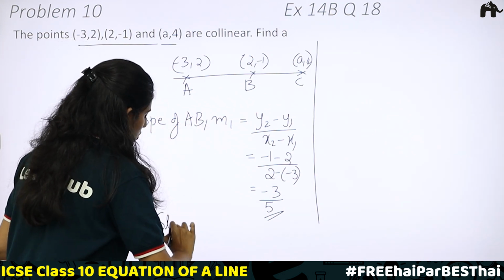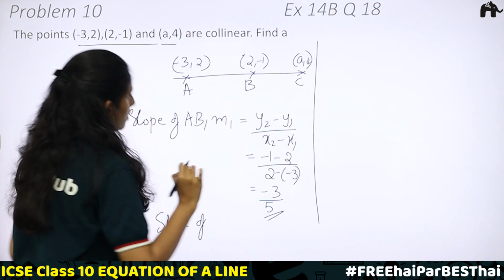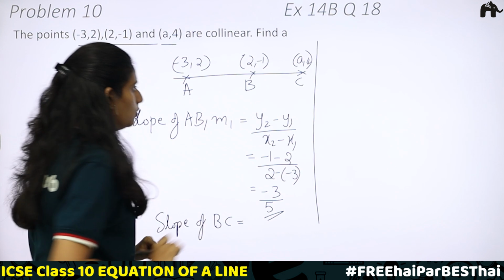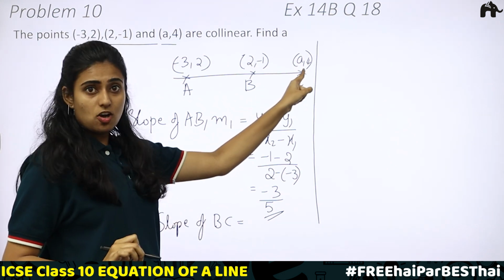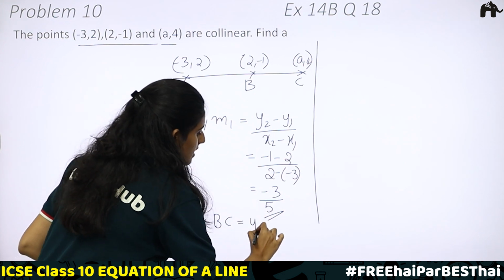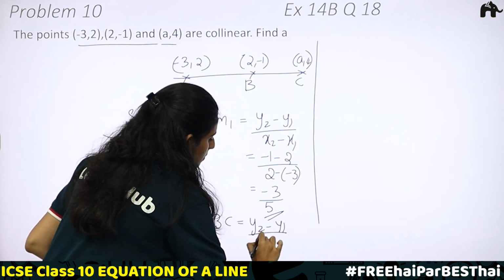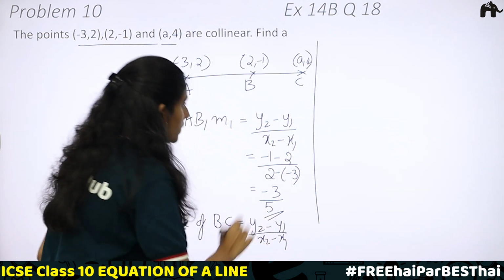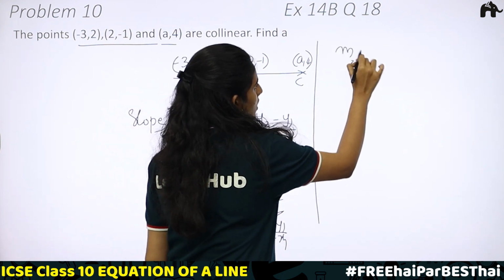Next, we'll find the slope of BC. Here we have the x coordinate of point C as a. Slope is y2 minus y1 divided by x2 minus x1. Let us take this as m2.